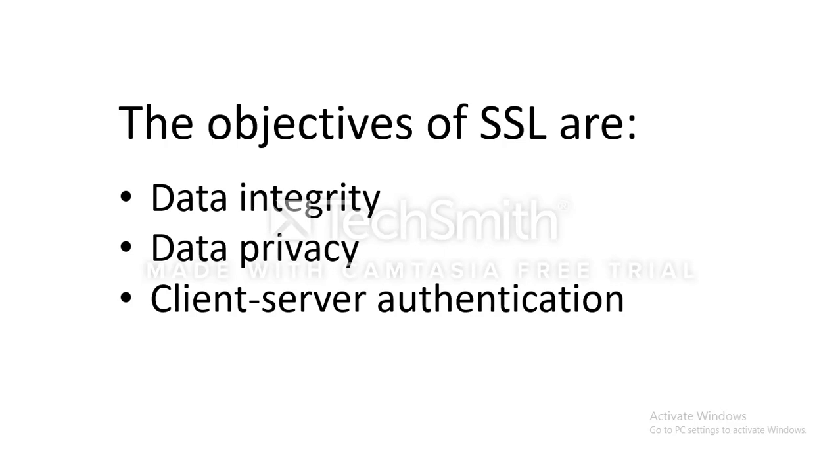Data privacy is ensured through a series of protocols, including the SSL record protocol, SSL handshake protocol, SSL change cipherspec protocol, and SSL alert protocol. It also specifies processes for exchanging cryptographic materials such as SSL certificates for authentication of web servers, public keys for authentication of transmitted data, and private keys for session encryption.